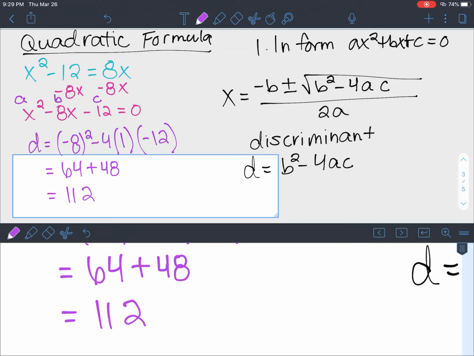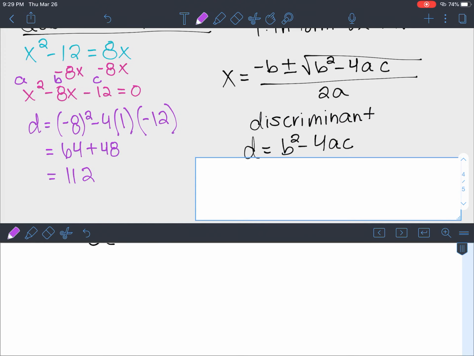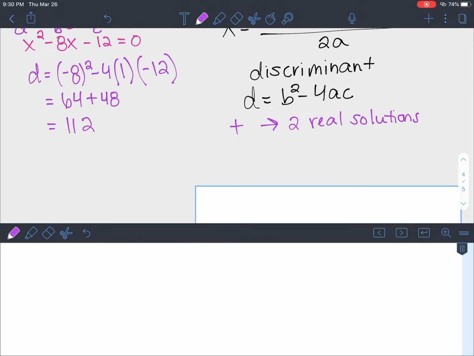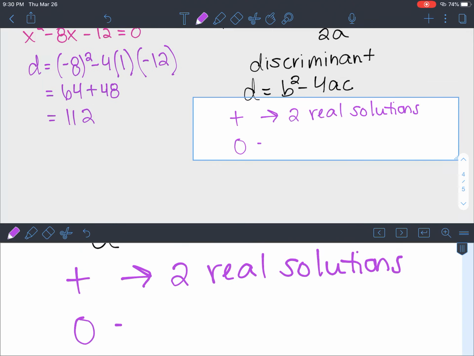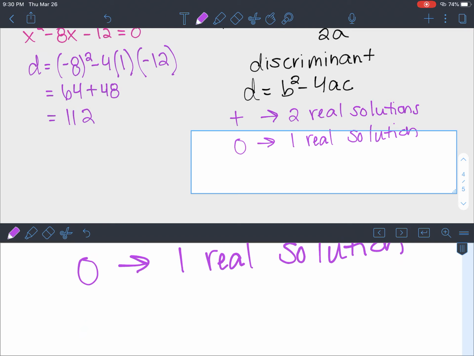So our discriminant is positive, okay? If the discriminant is positive, then we have 2 real solutions, if you remember. If it is 0, we have 1 real solution. And if it is negative, we have no real solutions.